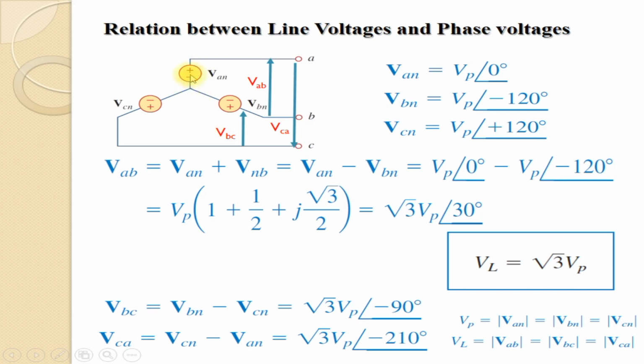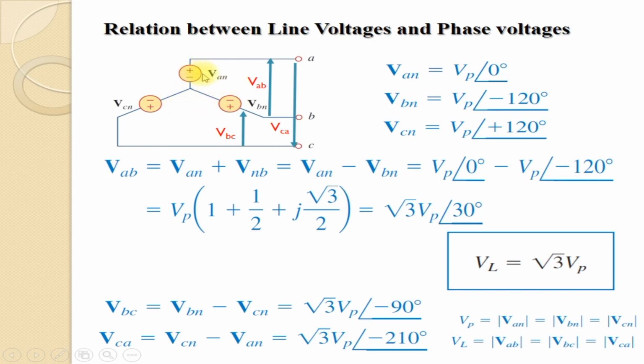Here in this figure you can see that three coils of a three-phase generator are connected in star. As we have seen from the basics of three-phase generation, there will be three similar coils in a three-phase generator, and the magnitude of the voltages generated in all the coils will be the same, and the voltages will be displaced by 120 degrees each.